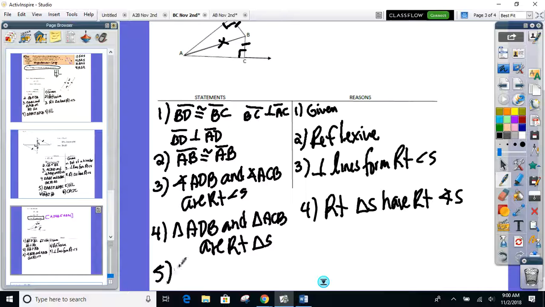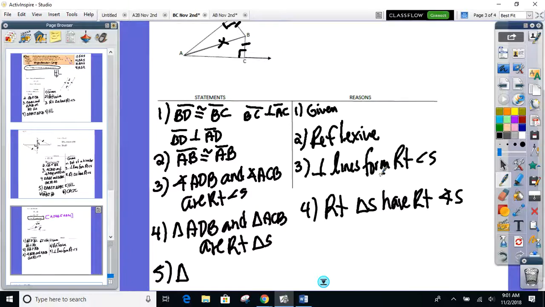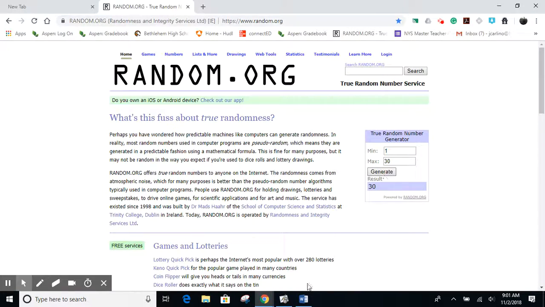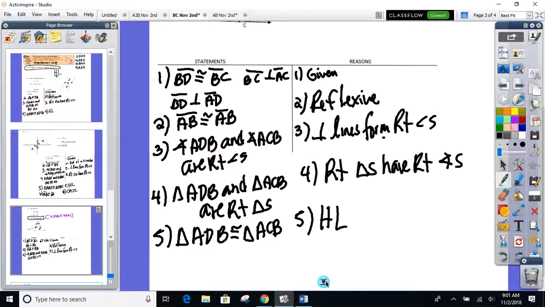All right, so let's name them. Actually, you can name them. Here you go, 30. Name them. Triangle ADB and, what was the second one? ACB by HL. Why did we want the triangles congruent? So we could say what pair of angles were congruent. We needed what pair congruent?